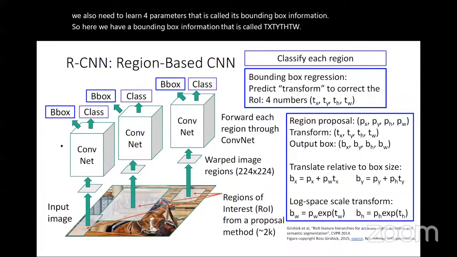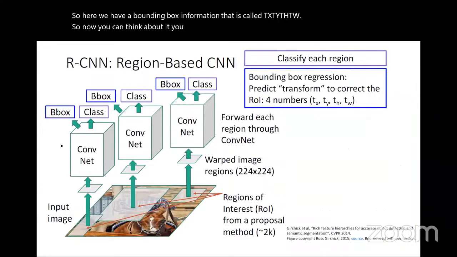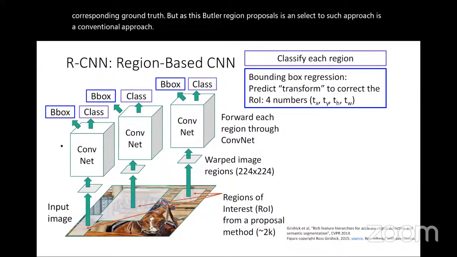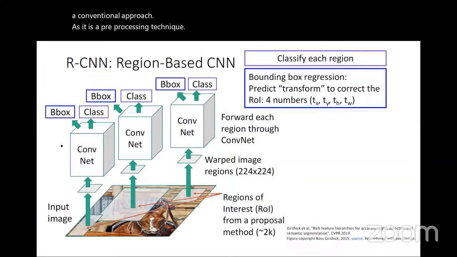So now you can think about it. You have ground truths because you know the objects. But as the region proposal from selective search is a conventional pre-processing technique, not necessarily every proposed region is exactly aligned with the object.